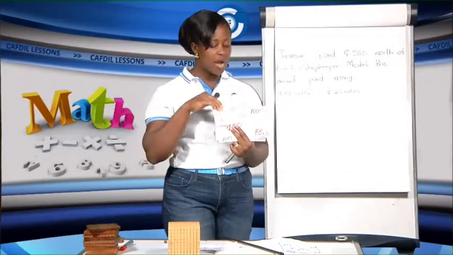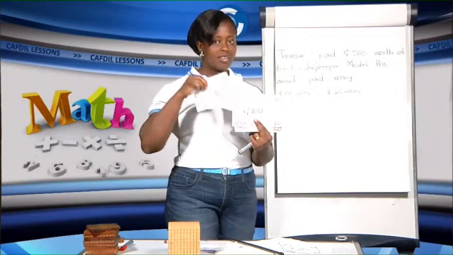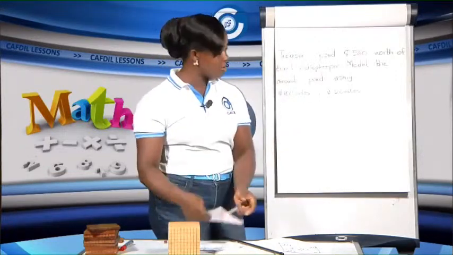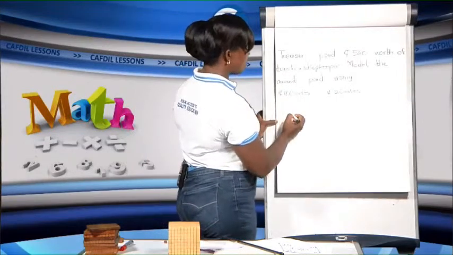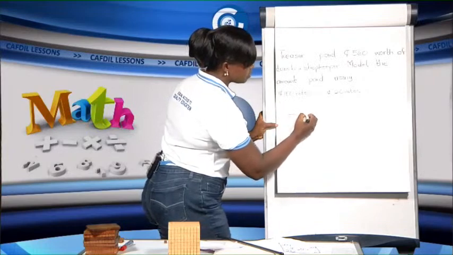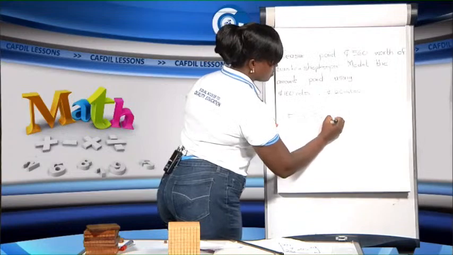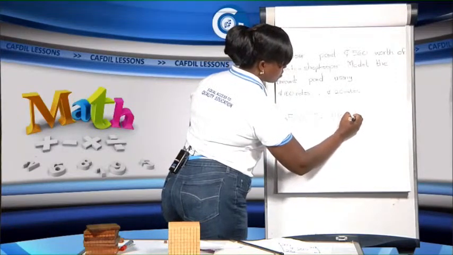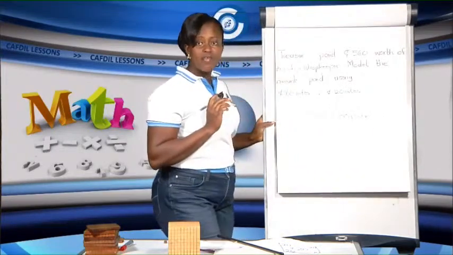So I have 1, 2, 3, 4, and then 5. So the 5 will give us 500. So you have 5 of the 100 cedis notes. So we have gotten 500.